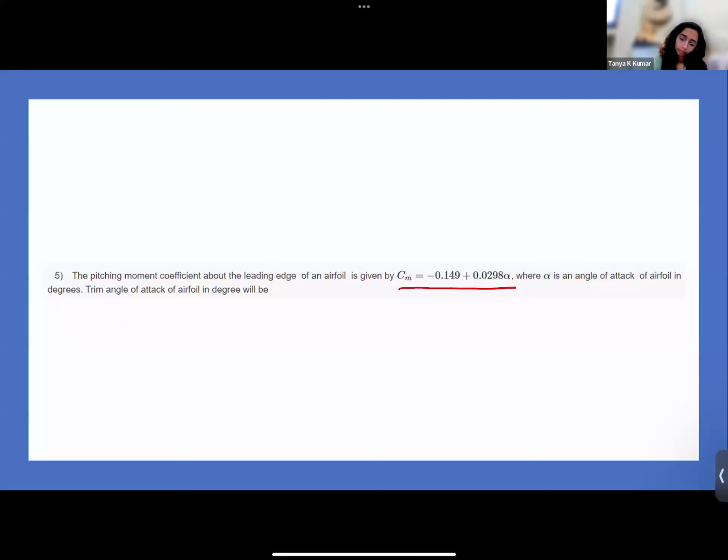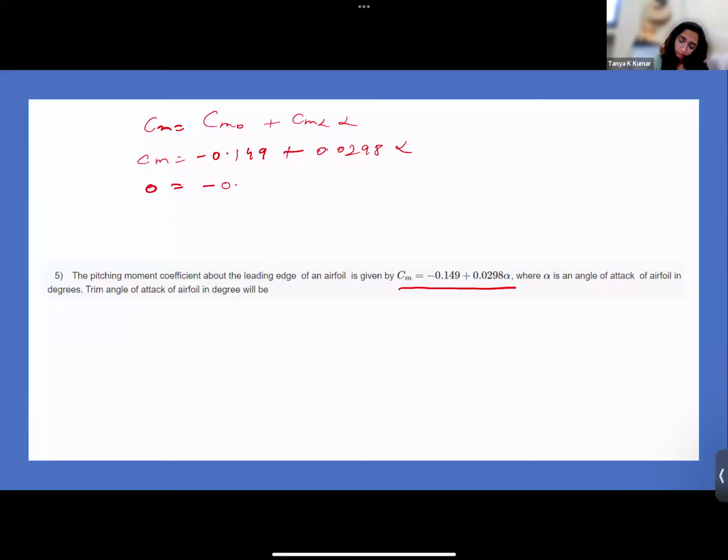The question is asking you to find the trim angle of attack. In this case, we have 0 plus 8 alpha. At trim, the CM is 0.